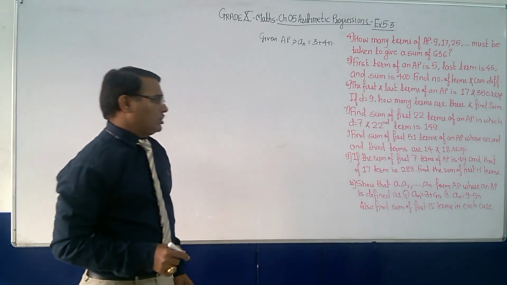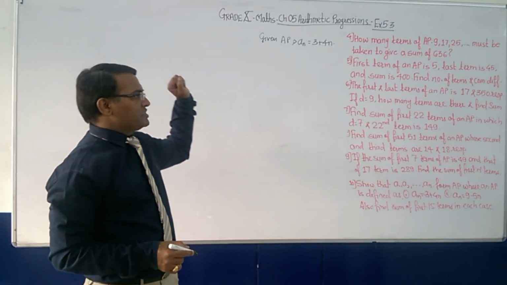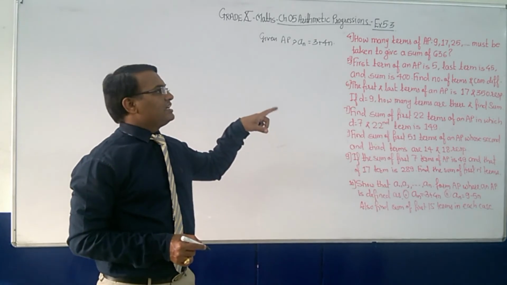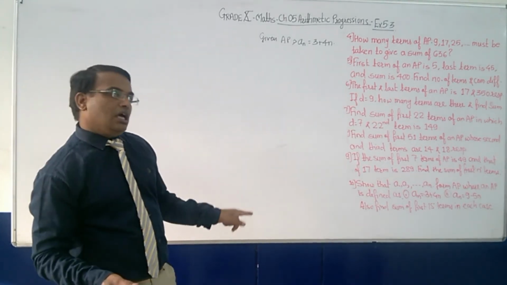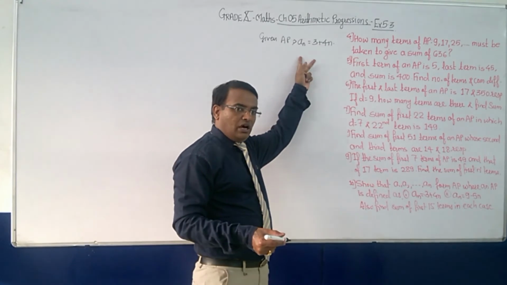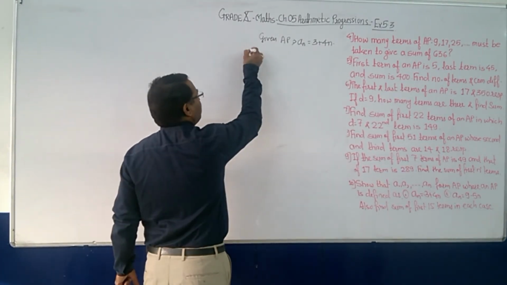The second part we will discuss later on, but let's go ahead with the first part. Now an is given, that is 3 plus 4n. So here we don't know what a1, a2, a3 are. Here by using this formula of an we are going to form the AP.